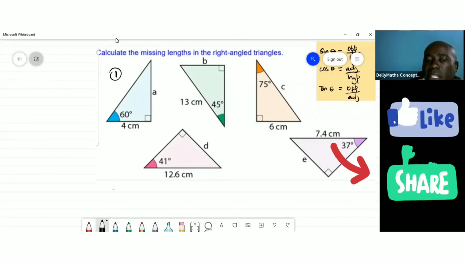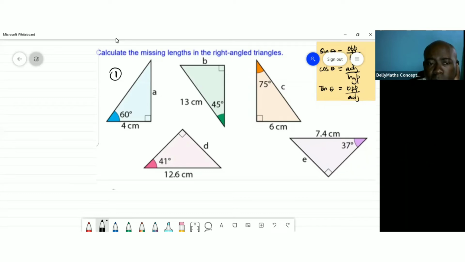So in this question at number one, we have the triangle where an angle was given. We do have the adjacent side to the angle. This side is adjacent to the angle. And we are supposed to find the value for the opposite side to the angle.